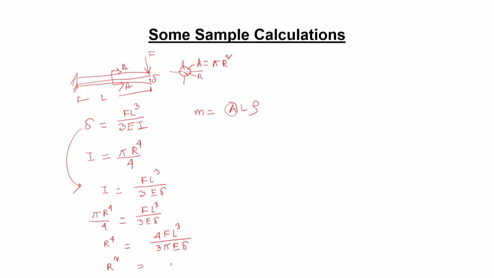So, this will be the square root of 4 F L cubed over 3 pi E delta.